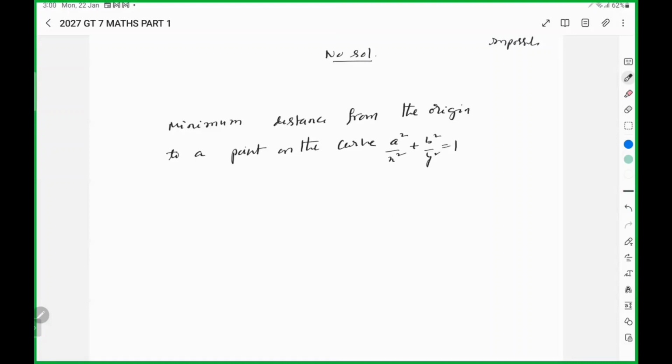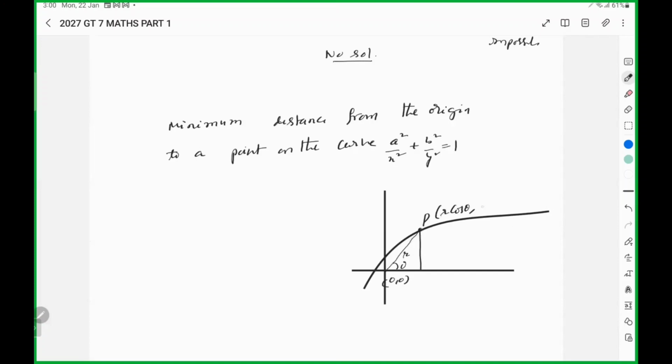So here, this is the curve, some curve. So from origin to some point on the curve, which is at a distance r, the point can be any point.